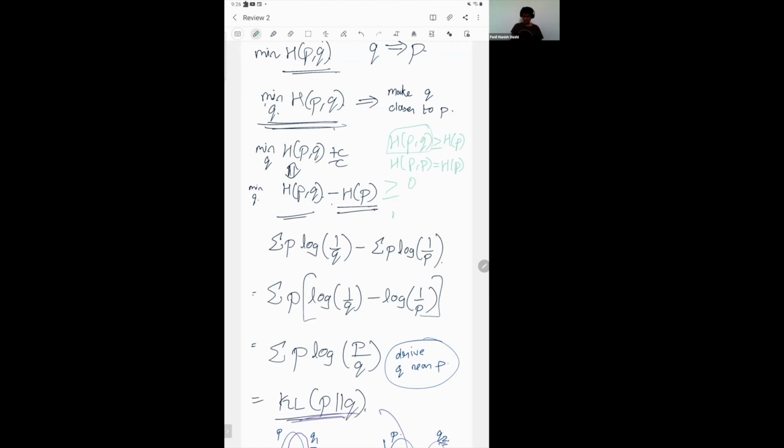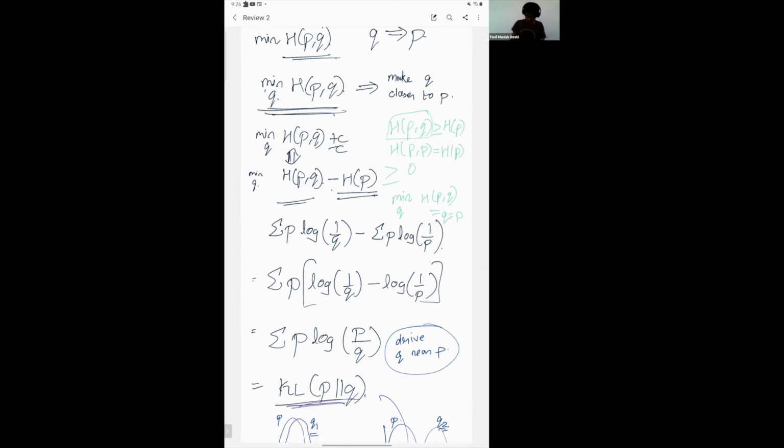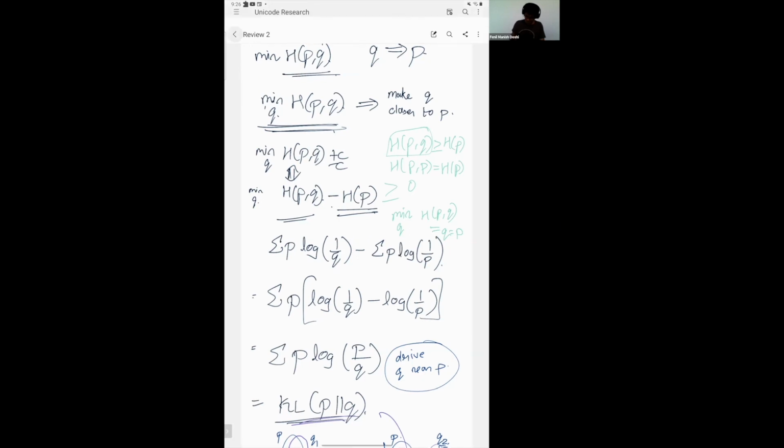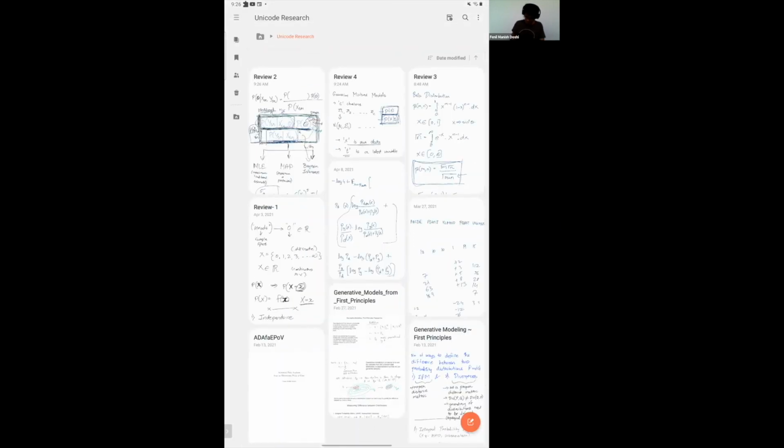So simply, if you are minimizing H of p comma q with respect to q, then you will always end up with q equals p, because the lower bound is set. You can prove all of this with Jensen's inequality.